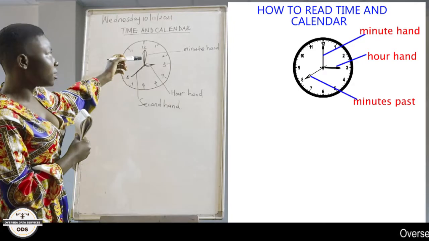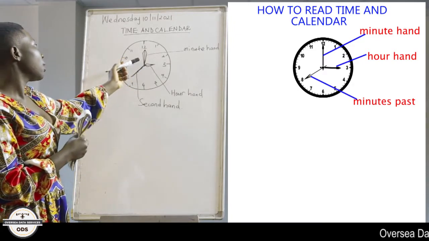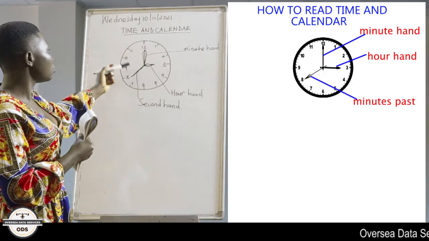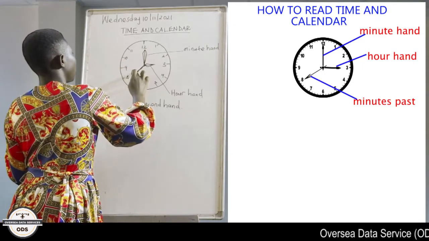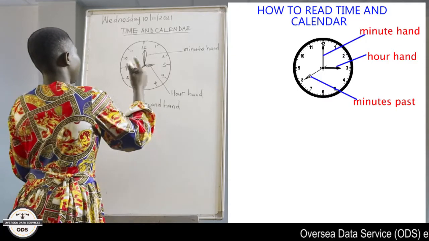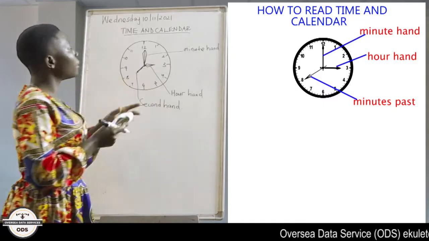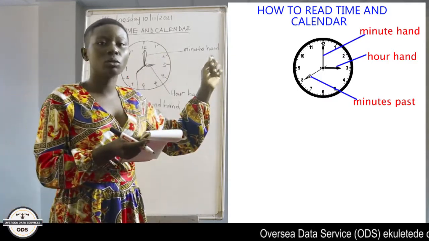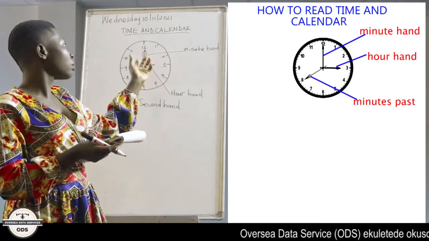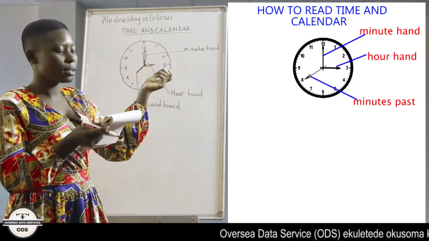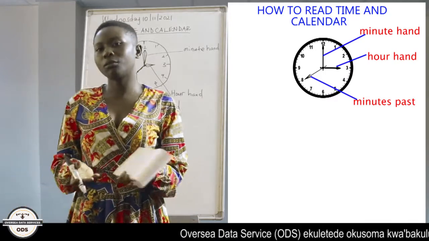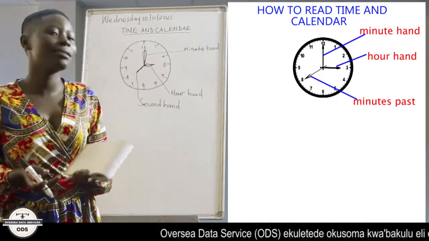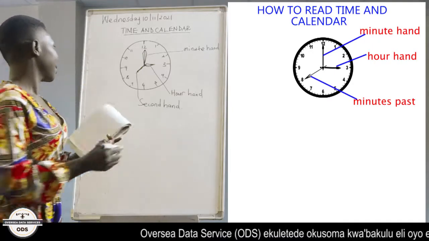This one is a little bit longer than the other two. I've drawn it even. Okay, let us take it like that. The minute hand is a little bit longer than the hour hand and the second hand. All of us, we have clock faces in our houses, I hope so.